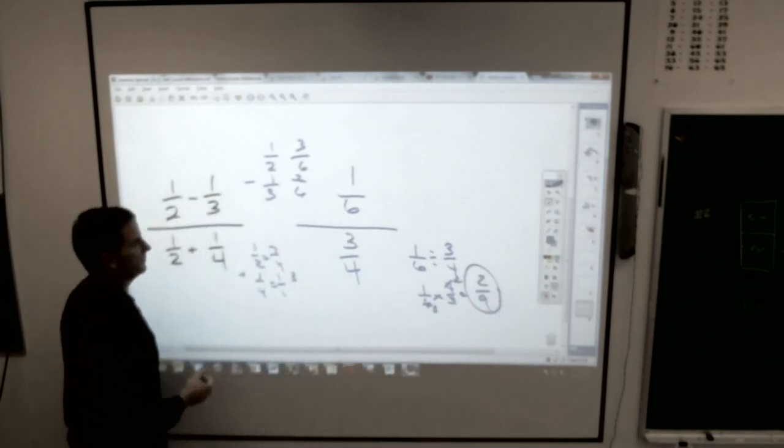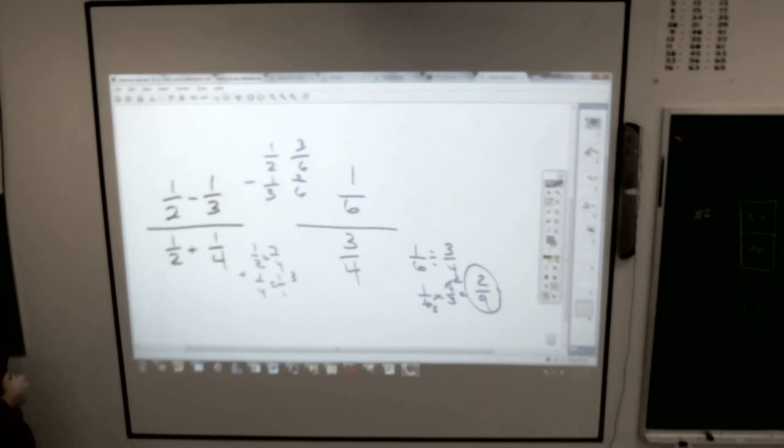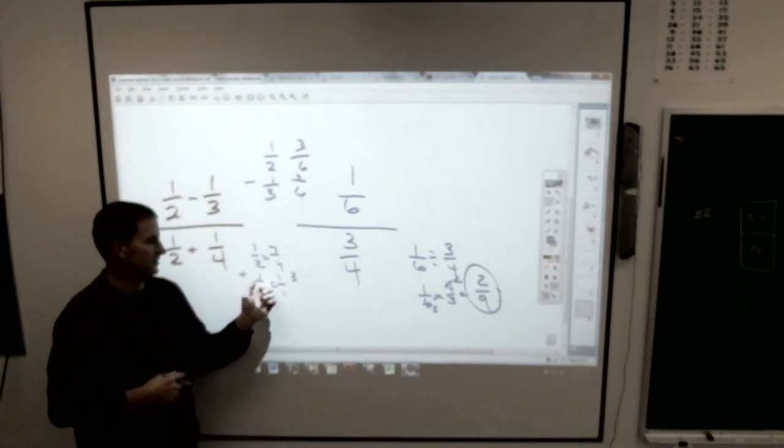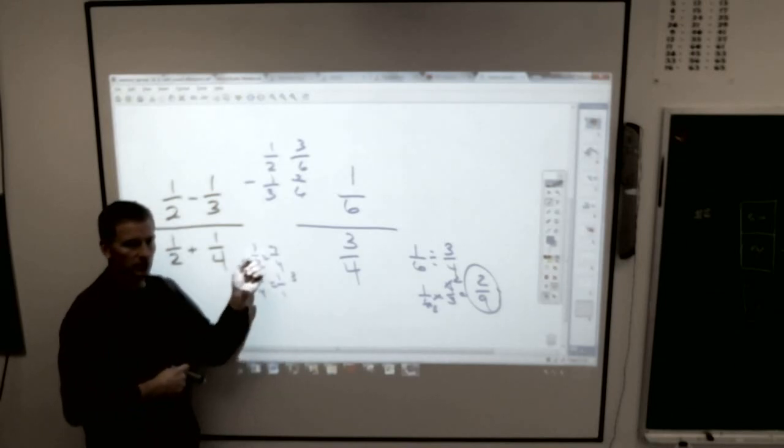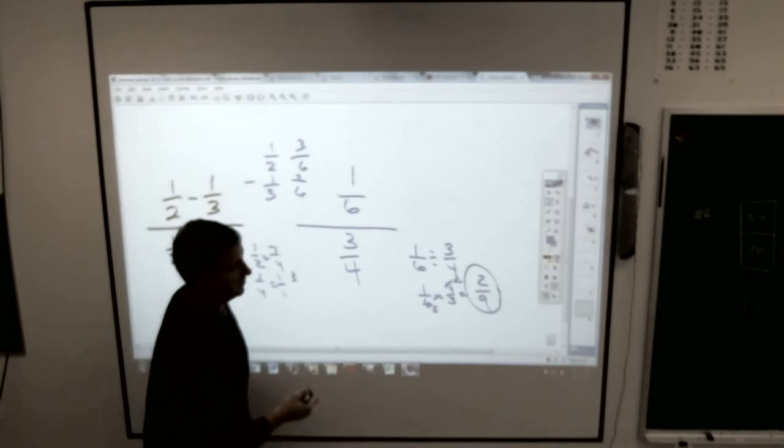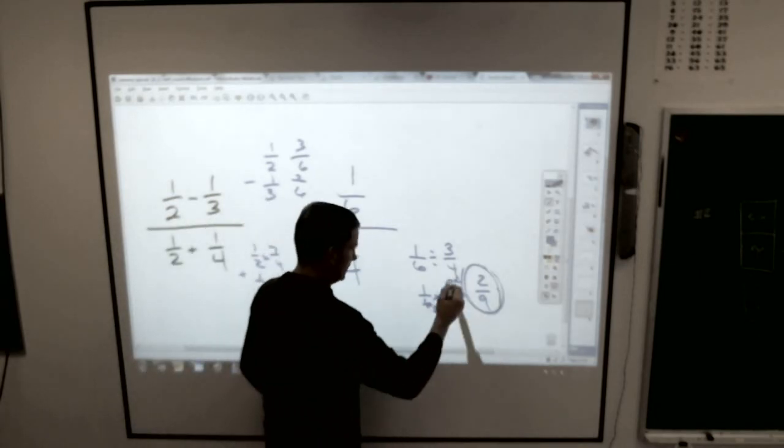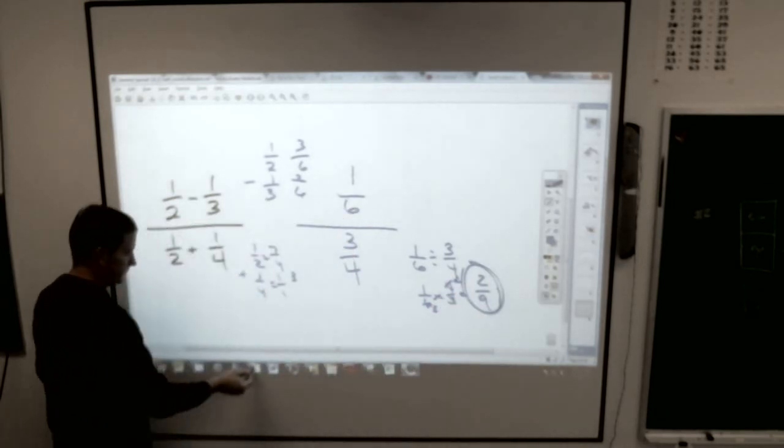Kate, how'd you get such big numbers in your fractions? Oh, you made your common denominator 8 here instead of 4? Yeah, you can do it that way. Enough of that.